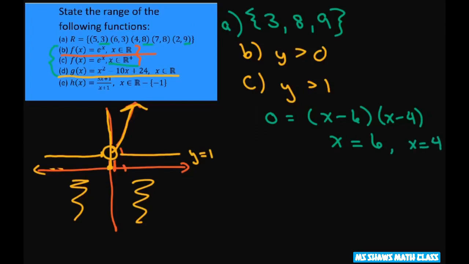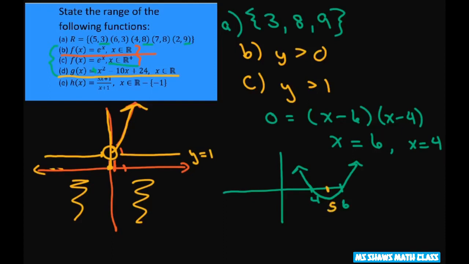We also know this opens up because it's positive. So if we're at 4 and 6, and these are our intercepts, then the middle of that would be 5.